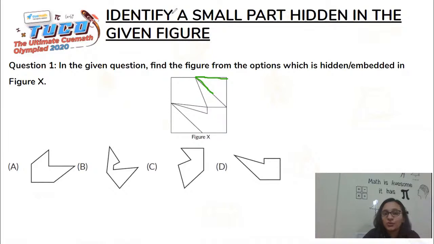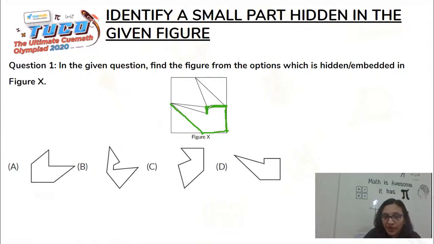So option C is also not the right answer to our question. Let's see option D. It has a slanting line like this, which we also have in our figure X, then a horizontal line, then a vertical standing line, and then we have a horizontal line again like that.